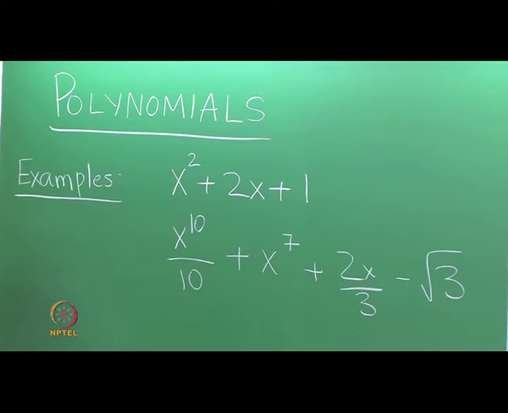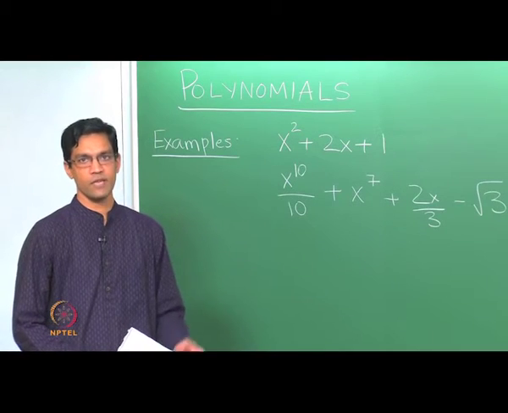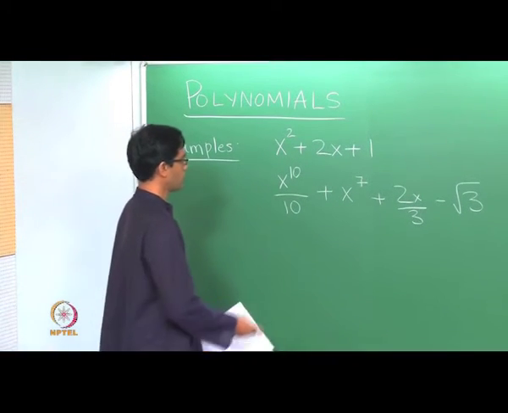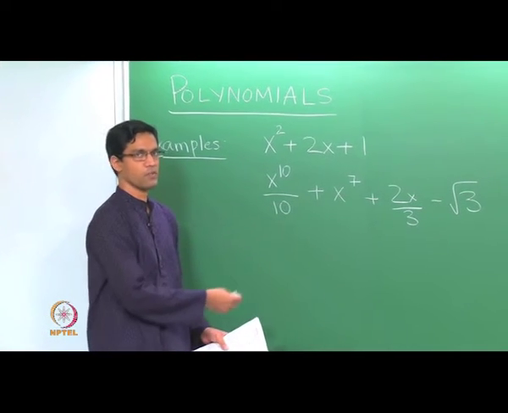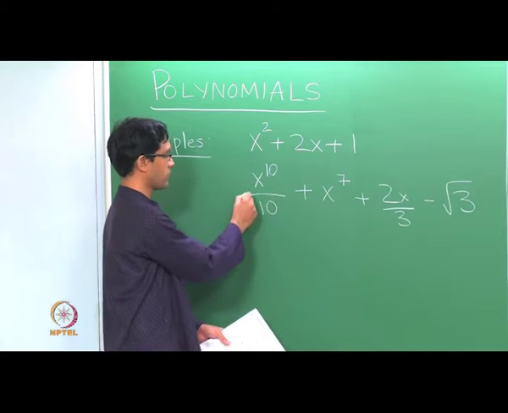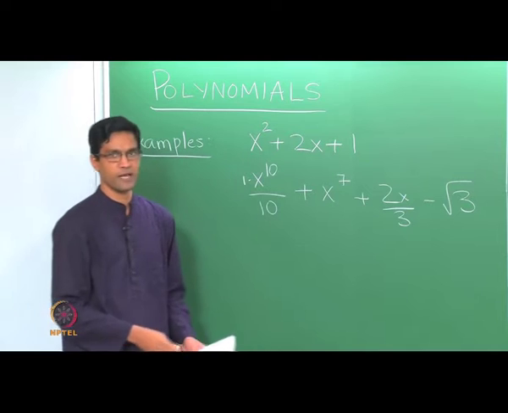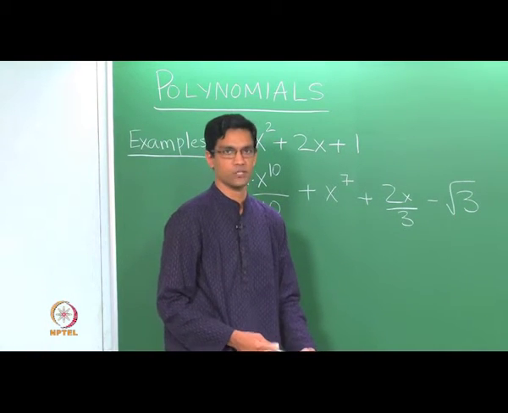Typically a polynomial looks like a combination of various powers of a variable, in this case the variable x, and notice that in addition to powers of the variable, you have some coefficients, some numbers which multiply them. For instance, you have the number 1 by 10 multiplying x power 10, we have 2 by 3 multiplying x, you have a constant root 3 and so on.